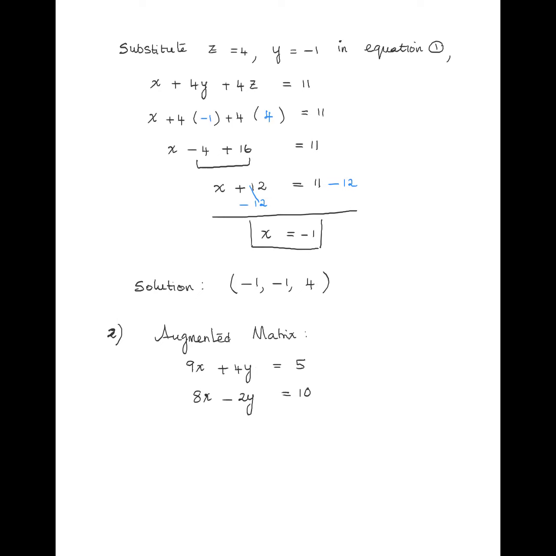So all we have to do is, without x and the y, write just the coefficients. And for the constants, we put the line here. So it separates the variables and the constants. So this is called the augmented matrix.